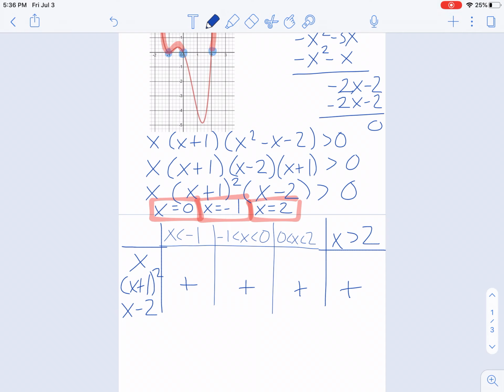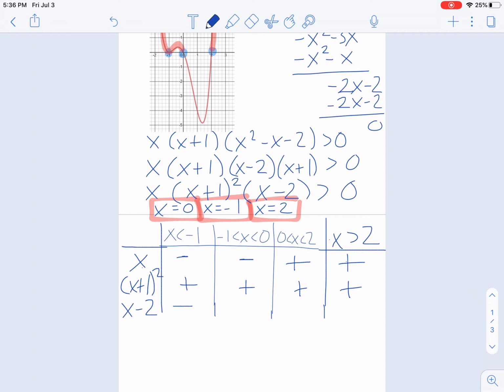If x is less than -1, x itself would be negative. If x is between -1 and 0, it's still negative. If x is between 0 and 2, it's positive. And if x is greater than 2, the factor x is positive. And just looking at what's happening in the last row there, if x is less than -1, think of a sample value like -2. If x is -2, -2 minus 2 is negative.